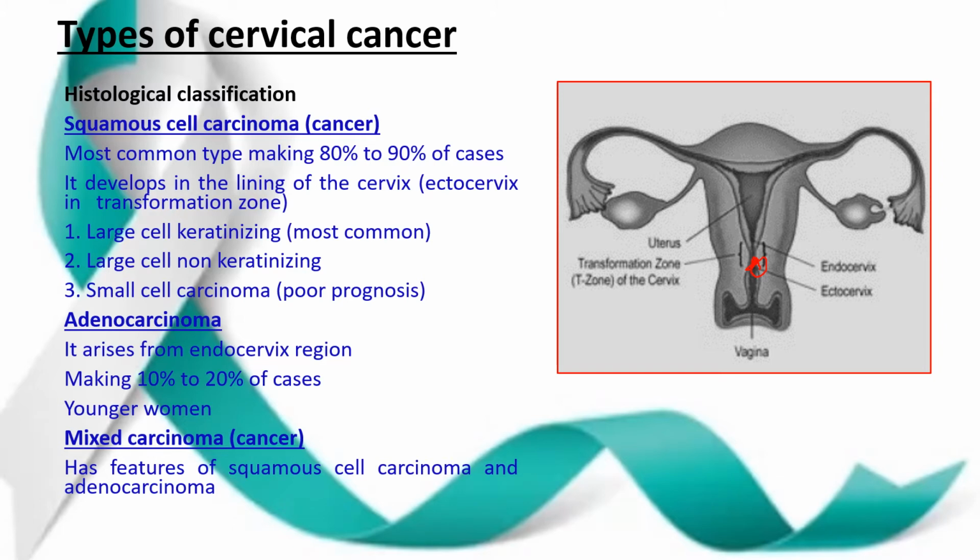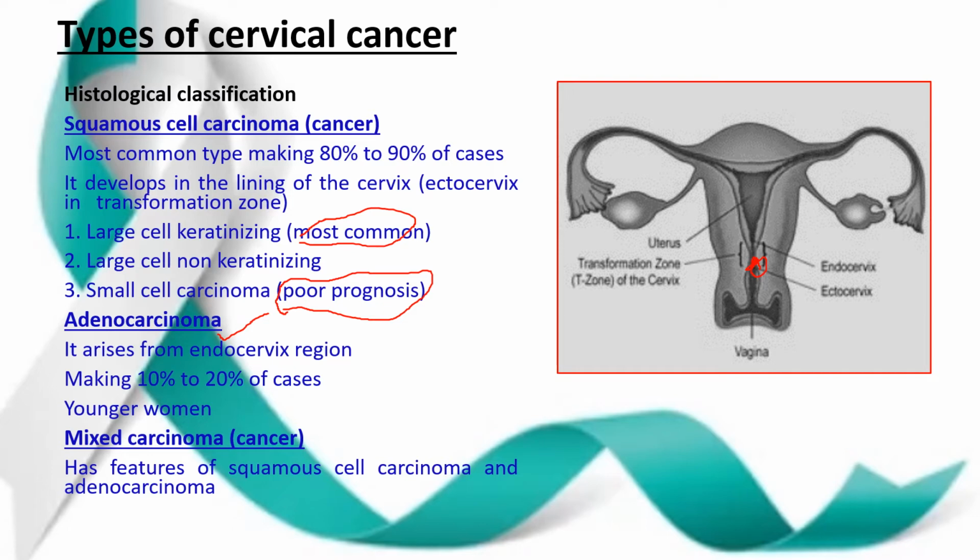Squamous cell carcinoma is further classified into large cell keratinizing, which is the most common one, large cell non-keratinizing, and small cell carcinoma. This small cell carcinoma shows poor prognosis. The next type is adenocarcinoma. Adenocarcinoma arises from the endocervix region, where gland cells are present and they produce mucus.